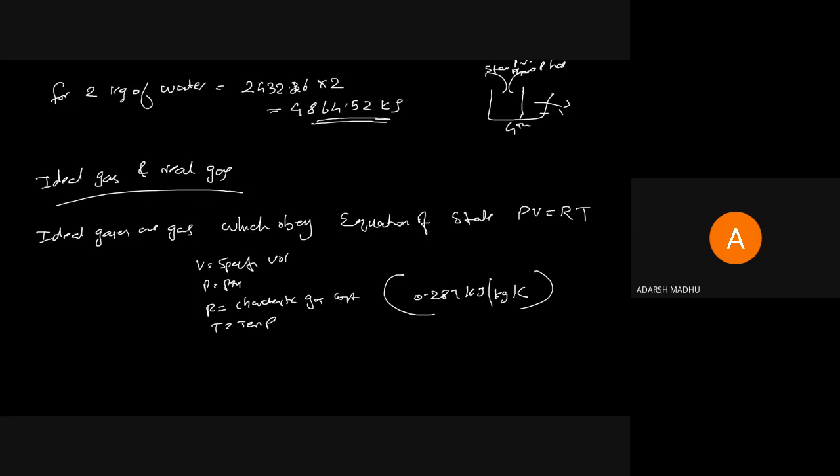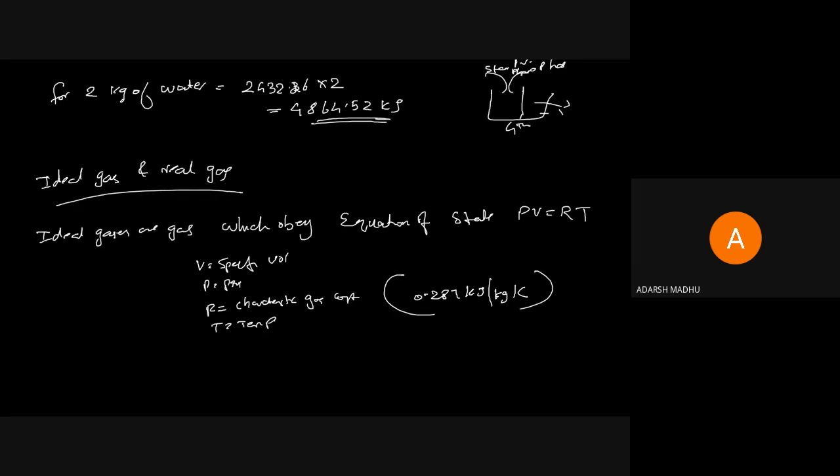So how can we derive or obtain the equation of state, or ideal gas equation, or the equation of a perfect gas, PV equal to RT? We can derive this equation in many forms.